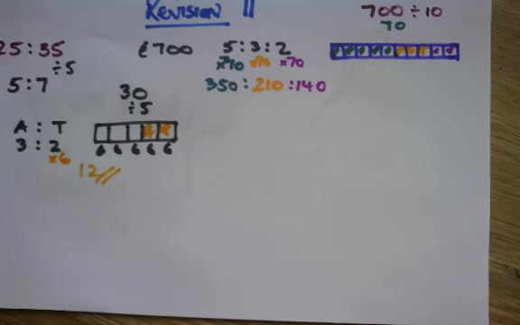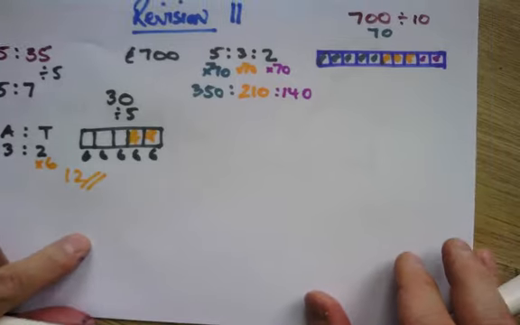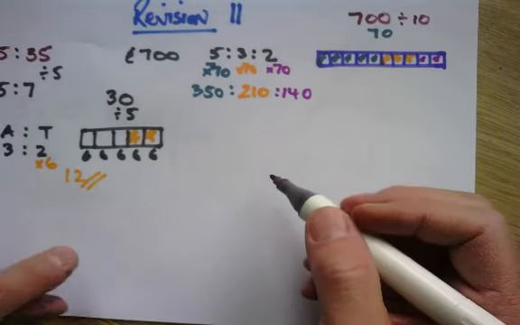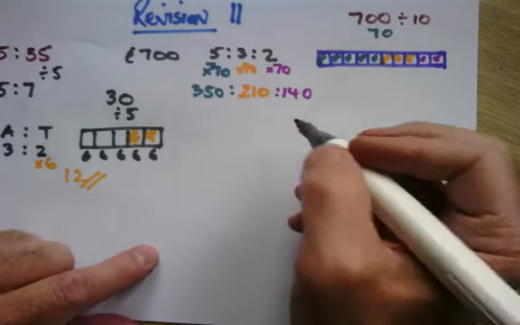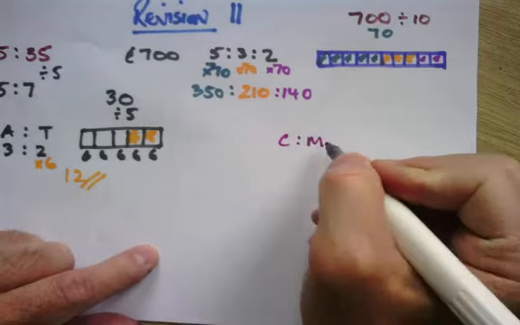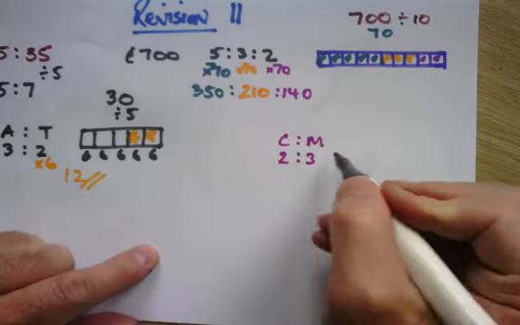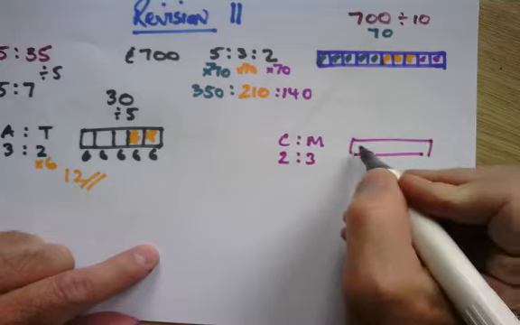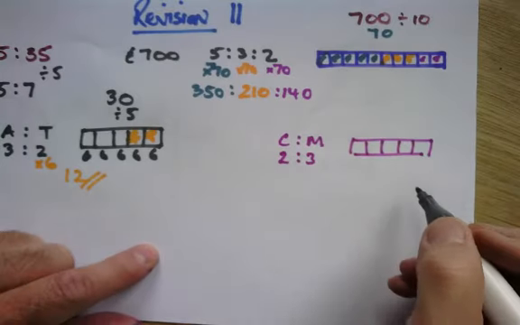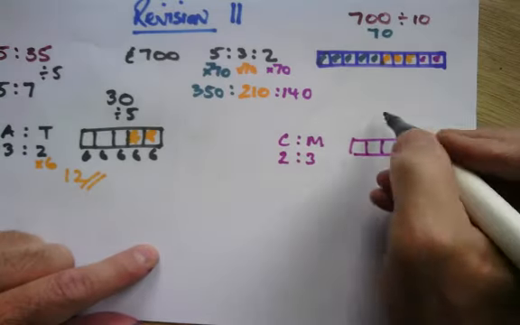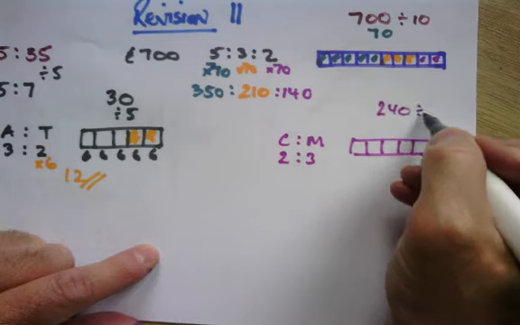Right. And then Chris and Molly win money in a competition. They share the money in the ratio of 2 to 3. 2 to 3, a bit like 3 to 2. So it's Chris and Molly, and they win a competition in the ratio of 2 to 3. So again, 5 parts, and you can see what we're going to do. £240.